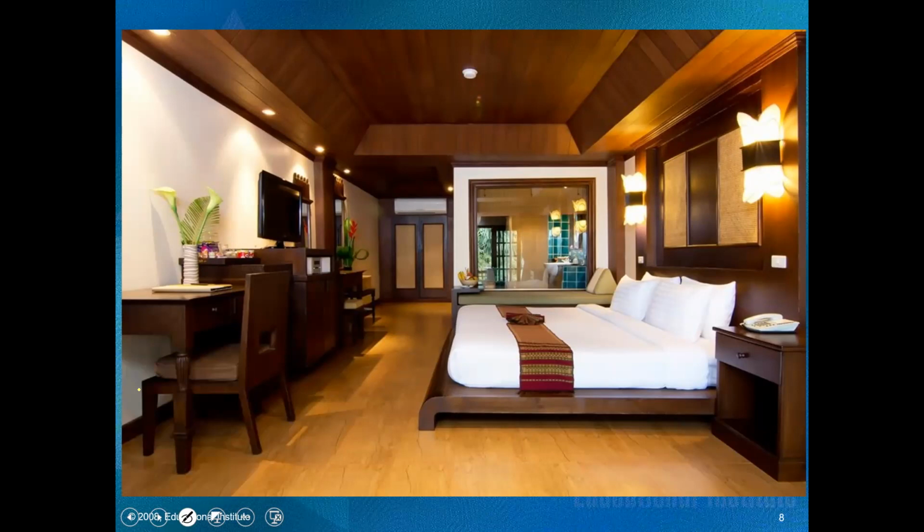Wouldn't be my choice if it was my hotel, but that's okay. But a lot of wood that requires dusting. What else? The flooring. This looks like it might be a tile or maybe like a polished concrete.